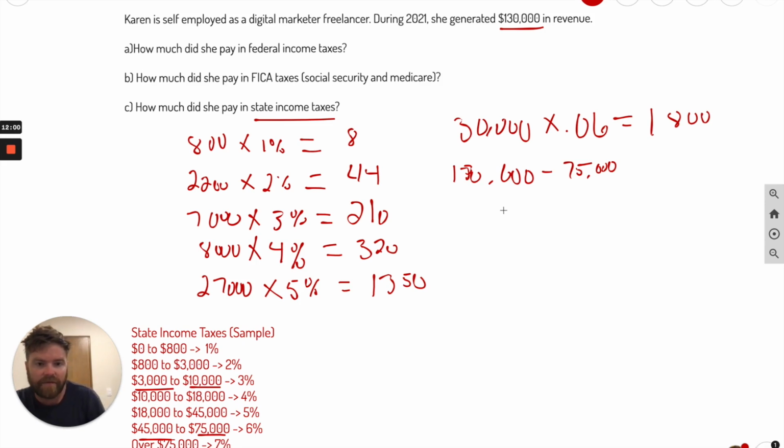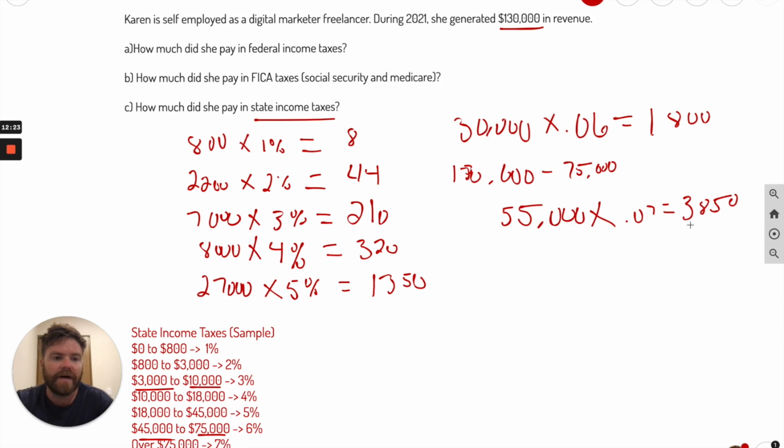There we go. We have 55,000 times the last, which is 7%. 0.07. And there we go. 3850.